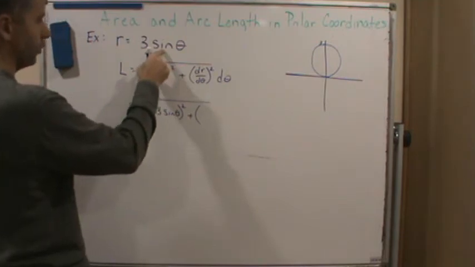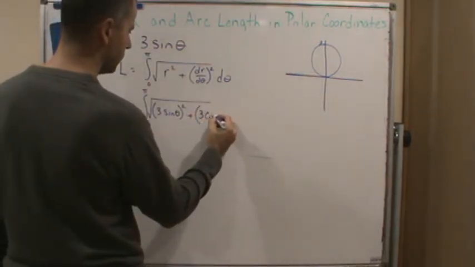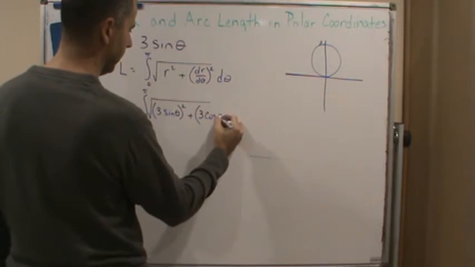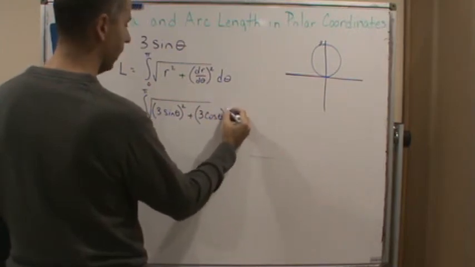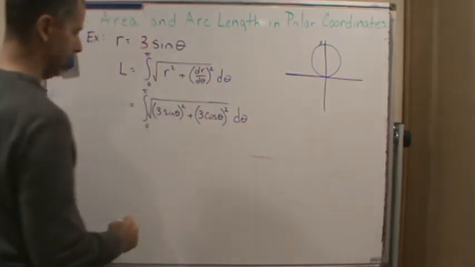The derivative of sine is cosine, so this is going to be 3 cosine theta squared, d theta.